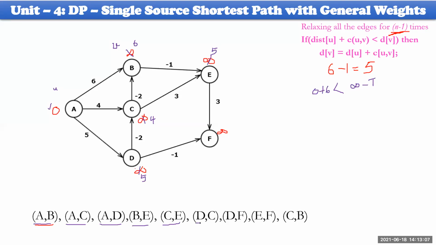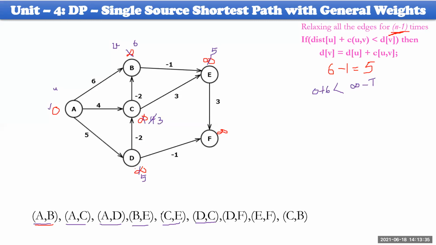And then D C. The distance of D is 5, and the cost of D C is minus 2. 5 minus 2 will be 3, which is less than 4, the distance of vertex C. So 3 is less than 4, so we have to readjust this one more time.